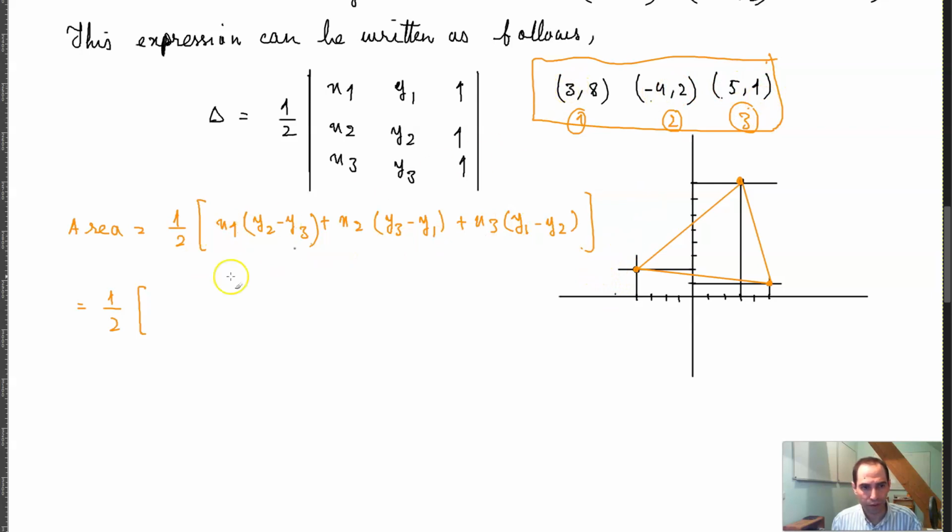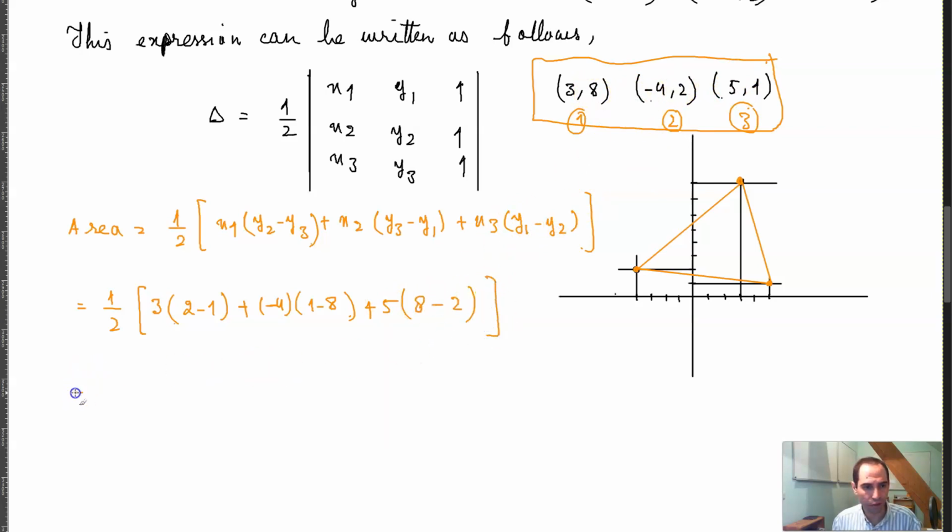Now, x1 is 3, and y2 minus y3 would be 2 minus 1. And x2 is -4, and y3 minus y1 would be 1 minus 8. And x3 is 5, and y1 minus y2 would be 8 minus 2.